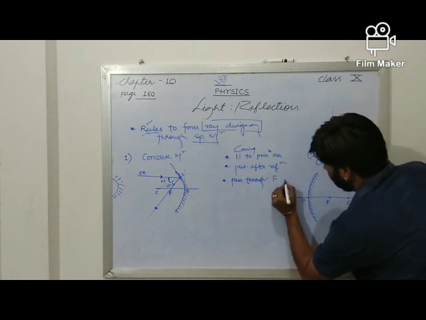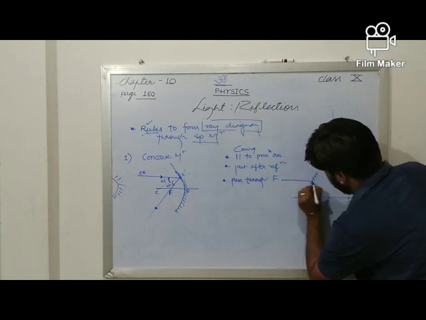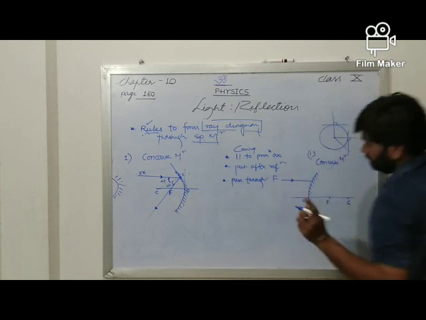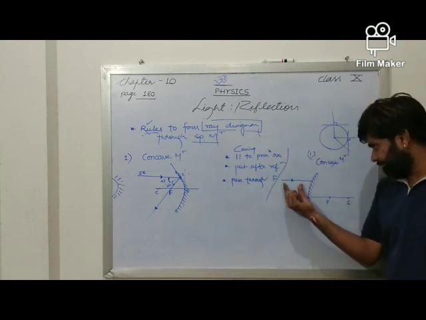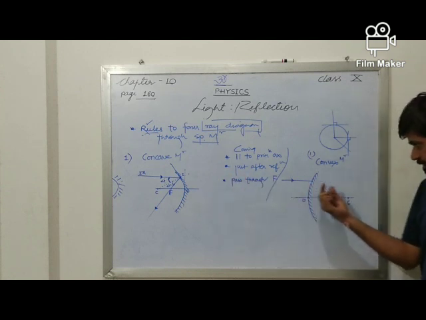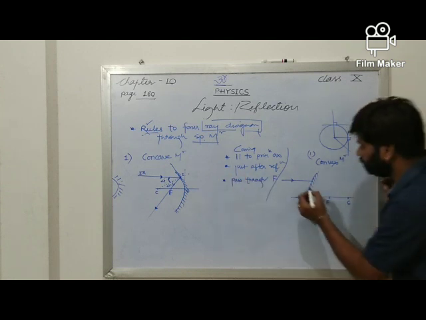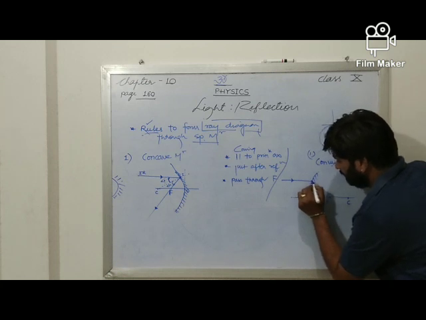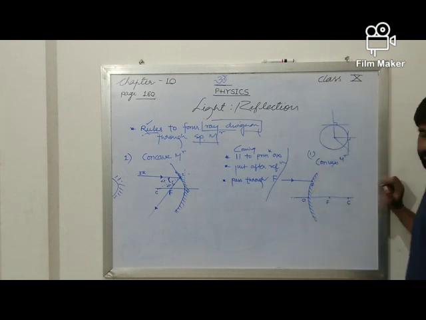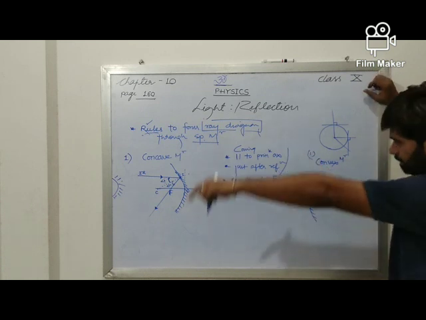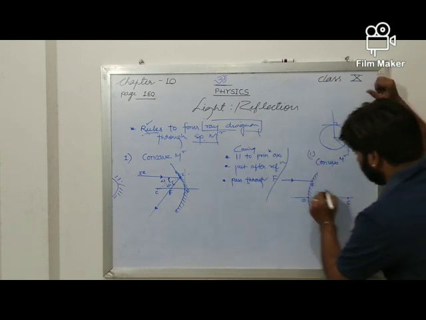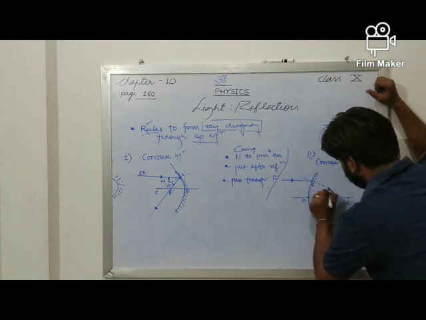Now again a similar thing. Listen carefully: when a light is coming parallel to the principal axis and is incident over the mirror, we have a point of incidence. At this point of incidence, the very first thing, as we have done in every diagram previously, is to make a normal over that.